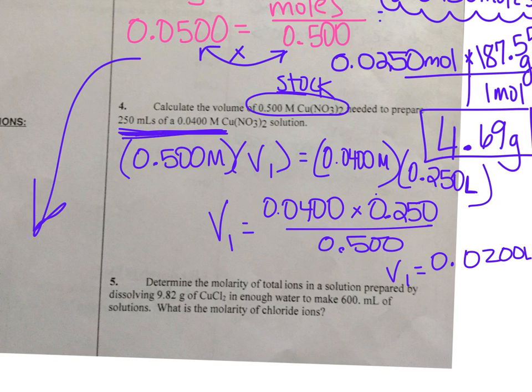What is it? 20, right. So we're going to move that decimal 3 places to the right. So you have 20 milliliters. And that's it, okay? So you would take that 20 milliliters, put it in a volumetric flask, fill up to the line, swish, swish, swish, you have a solution, okay?